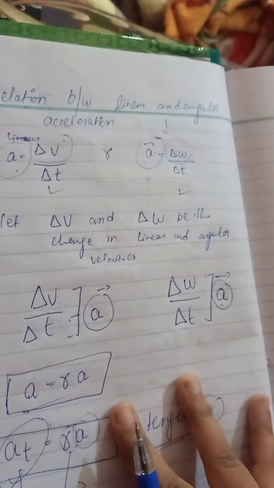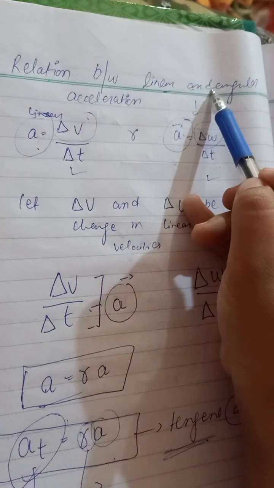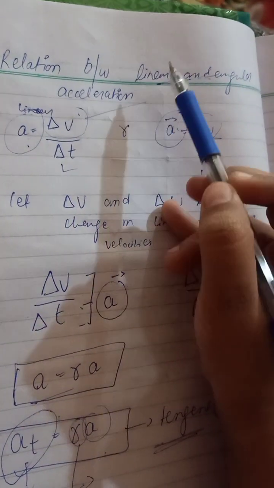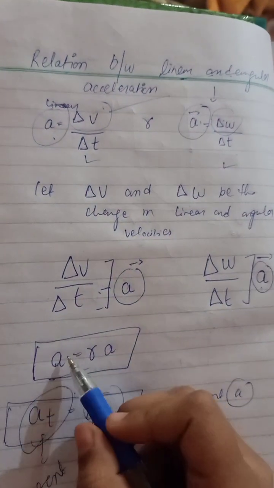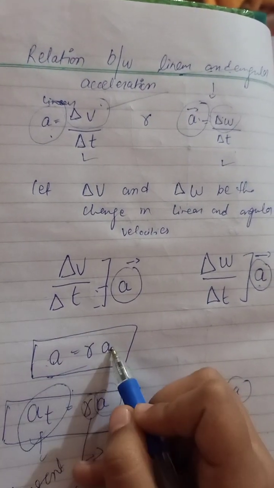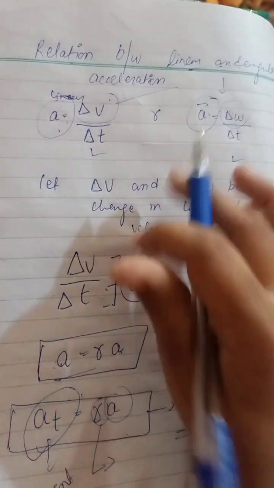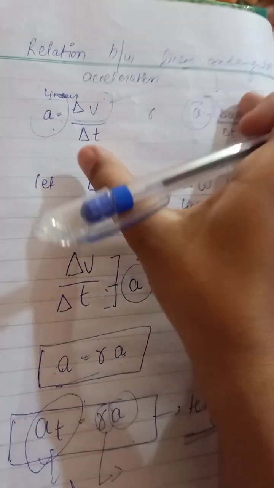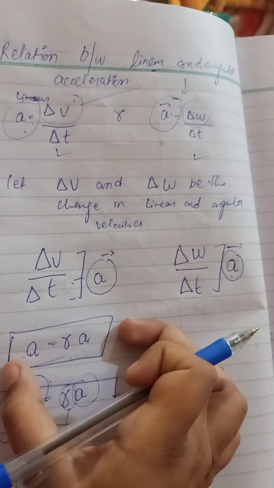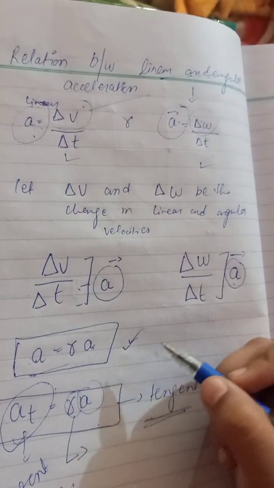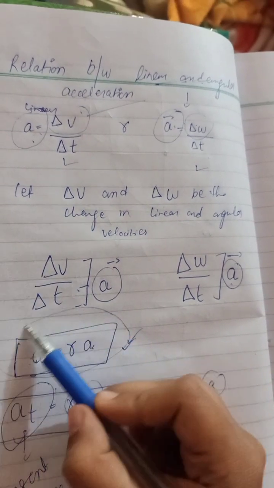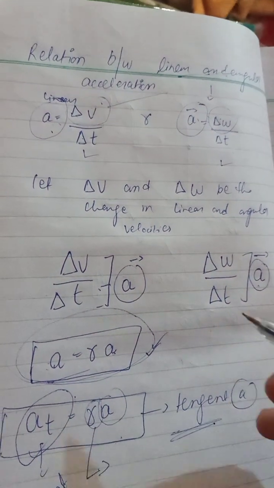So this was the last relationship between the angular and the linear acceleration. Here you can see that both terms are now in one formula. Both were different, linear and angular. Now we have a mixed formula which we can use easily. So this is the formula of the relation that we have found.